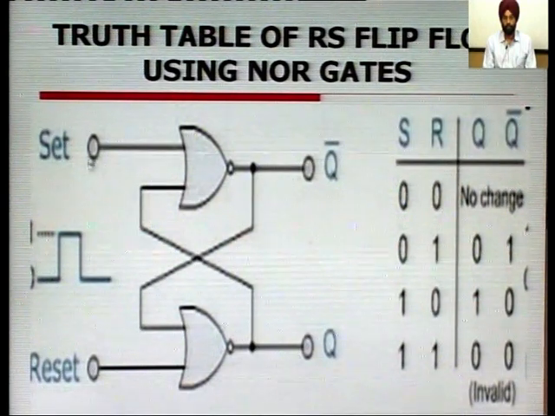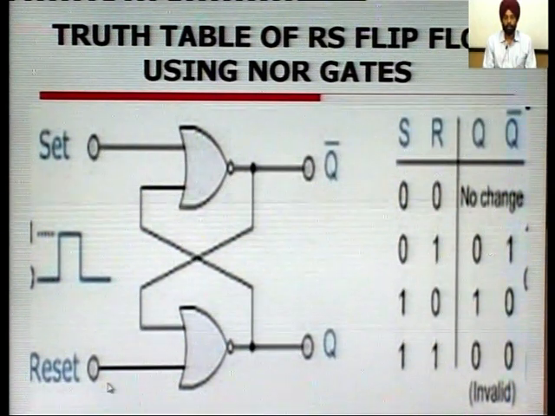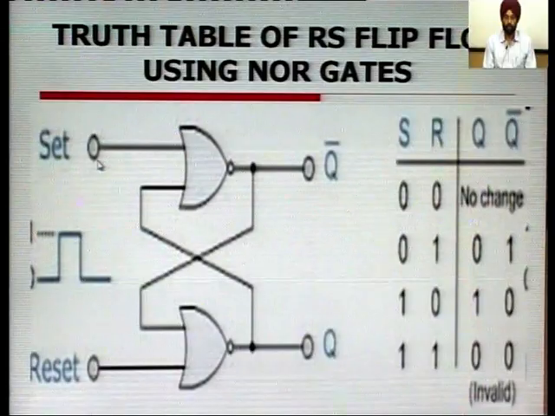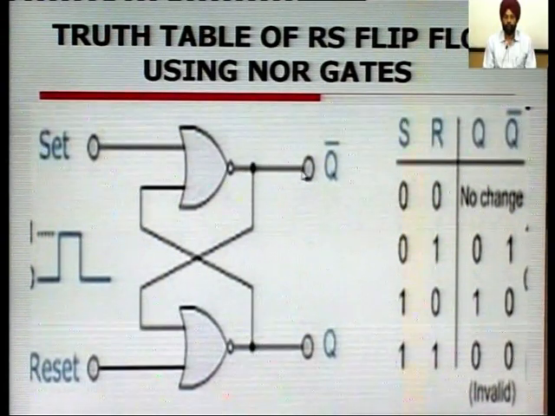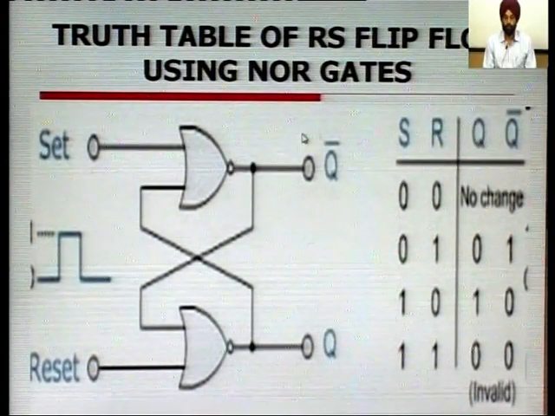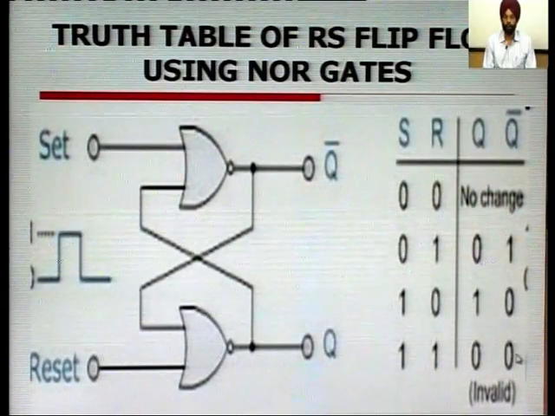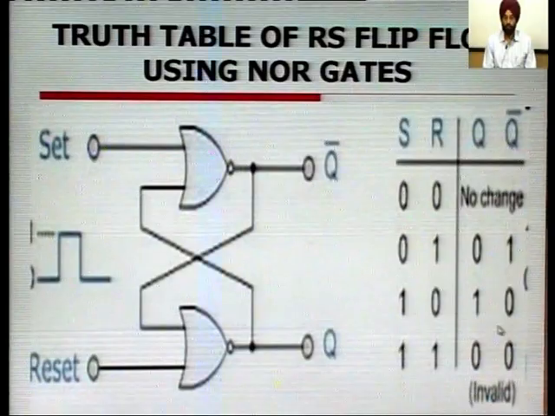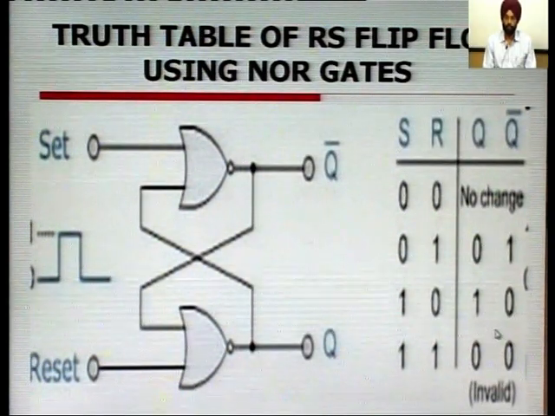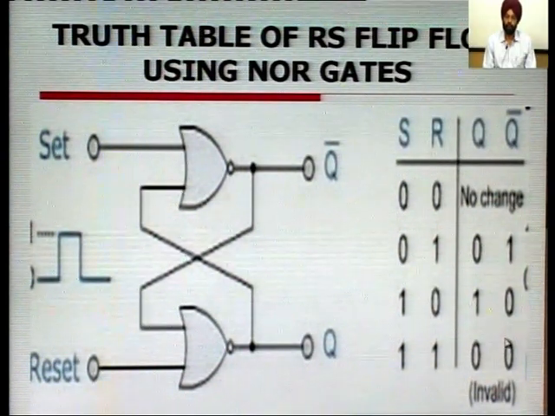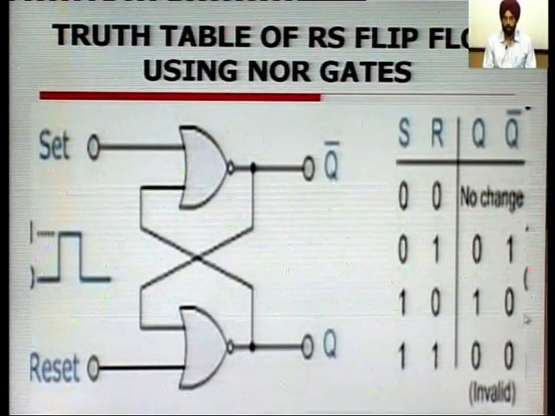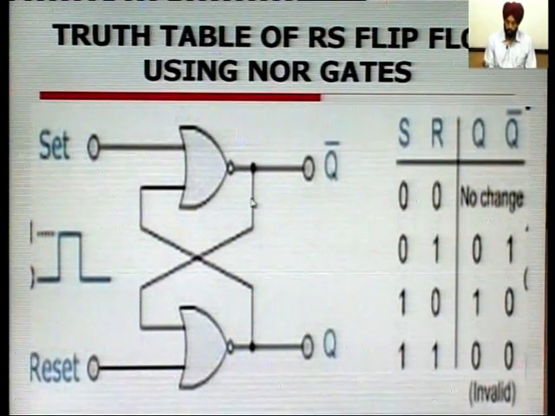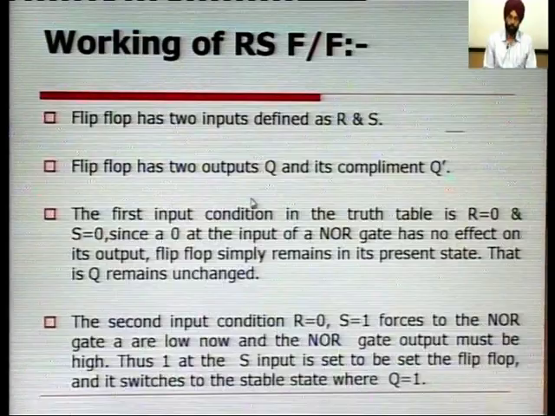But if we apply both S and R inputs as 1, the outputs will not be complements of each other and they will be 0, and this is not recommended. This is called the forbidden or invalid state, which must never be applied to the inputs of the flip flops.